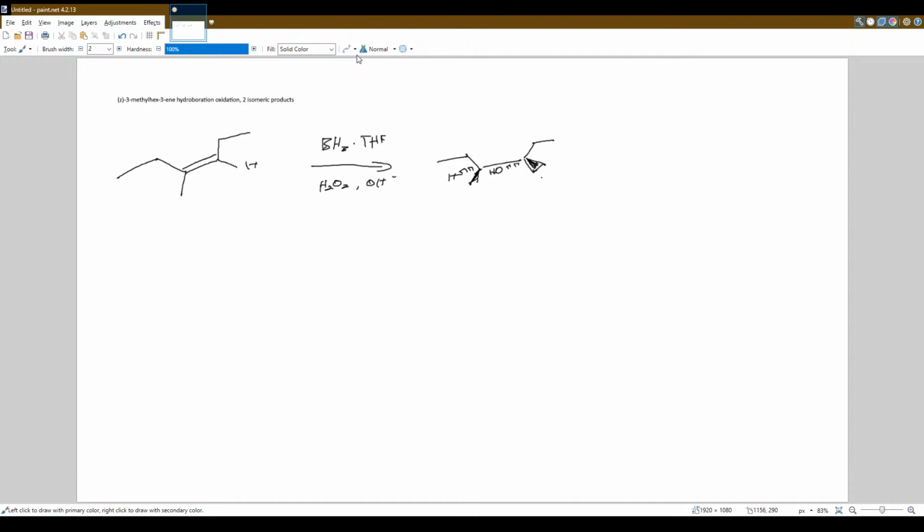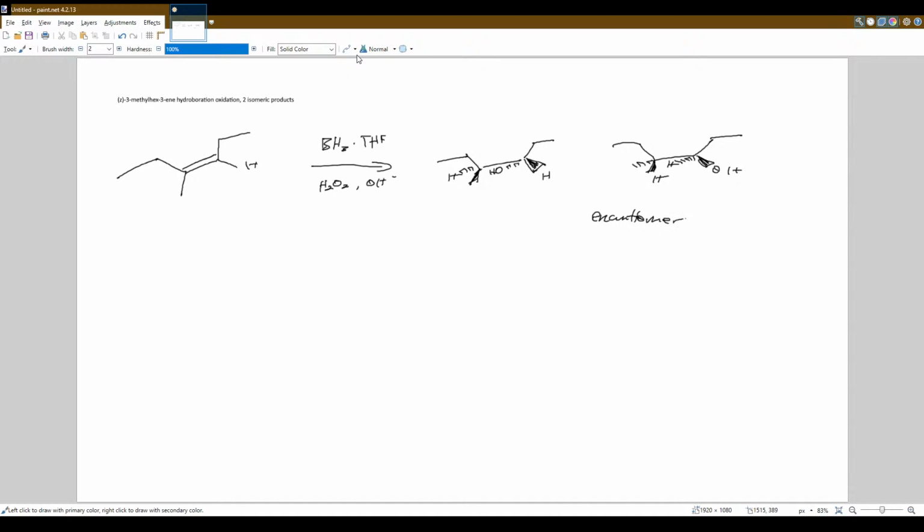Then we can also get where the hydrogen is the one in the back and the methyl is the one in the back, with the hydrogen in the front and the OH in the front as well. So what do you call these? I think they're enantiomers.